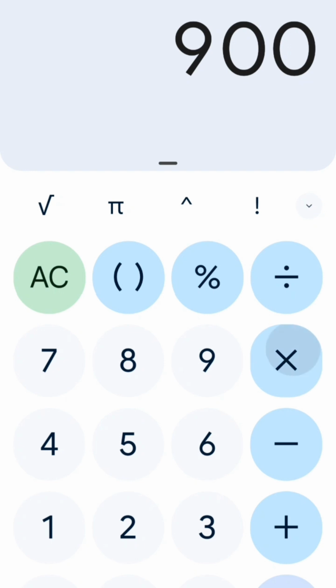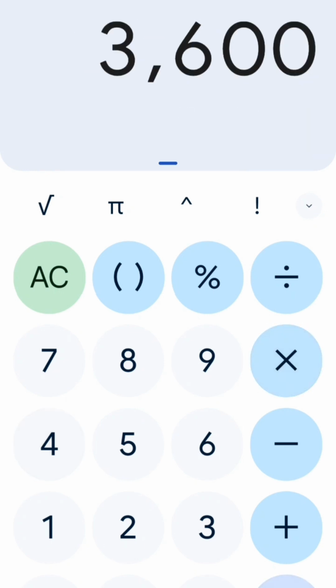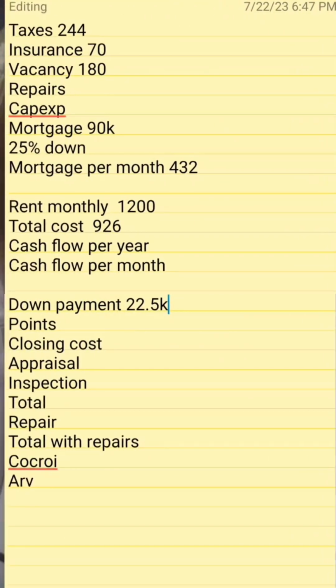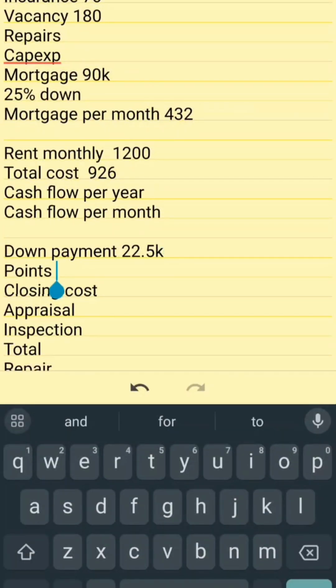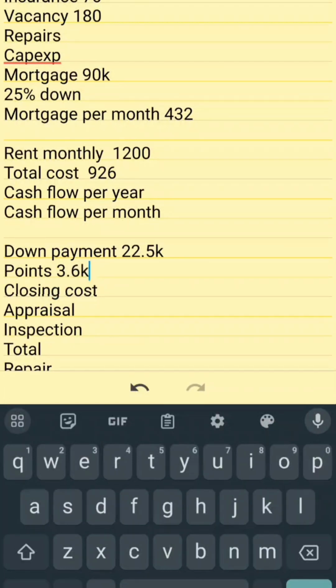Now we need to take that and multiply that by 4 because we had to buy 4 points. That's going to give us $3,600. So go back over. We're going to add our points of 3.6K.